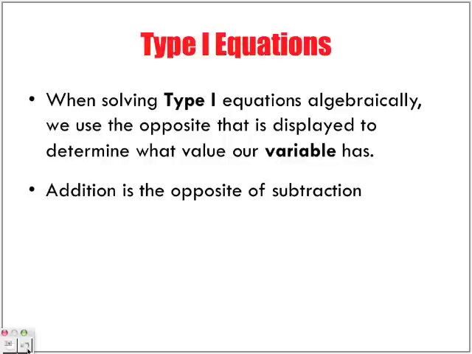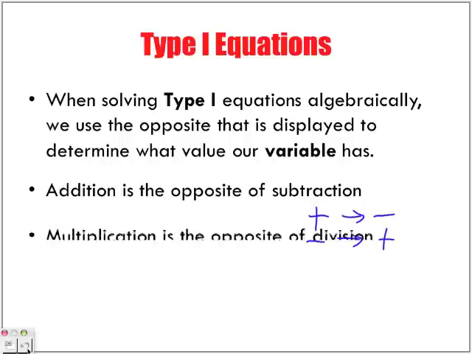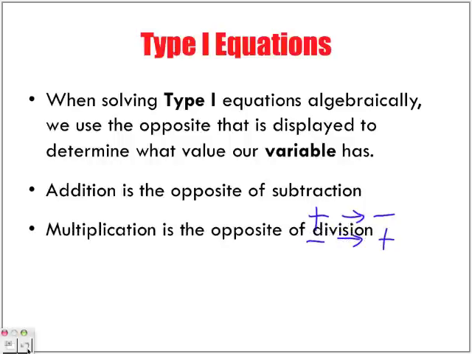Addition is the opposite of subtraction. Subtraction is the opposite of addition, so vice versa. Okay, so if you've got addition, the opposite is subtraction. If you've got subtraction, the opposite is addition. Multiplication is the opposite of division.